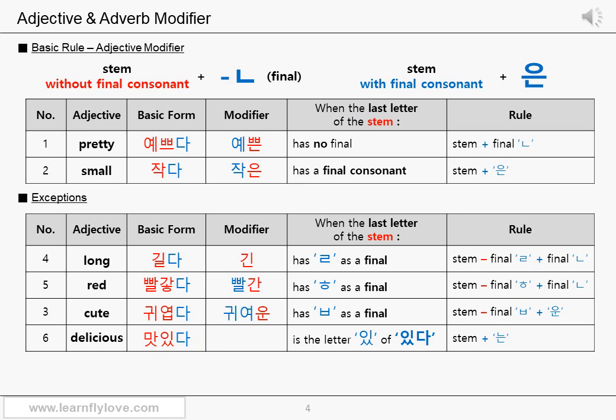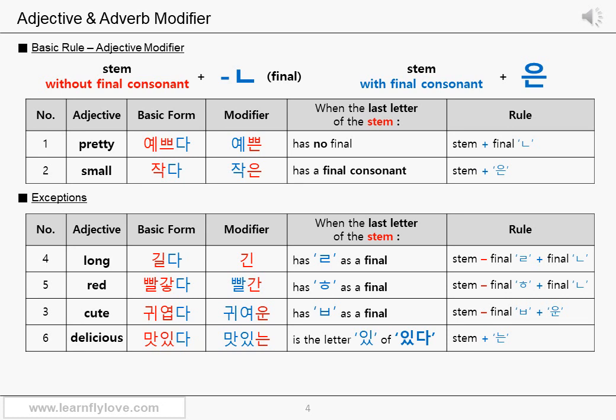The 있다 part sounds very familiar, by the way. Yes, this is the same 있다 we've been using, which means to exist. 맛 means taste. Taste exists. No wonder it means delicious, right? When you see this 있다 part in an adjective, you add 는 instead, okay?